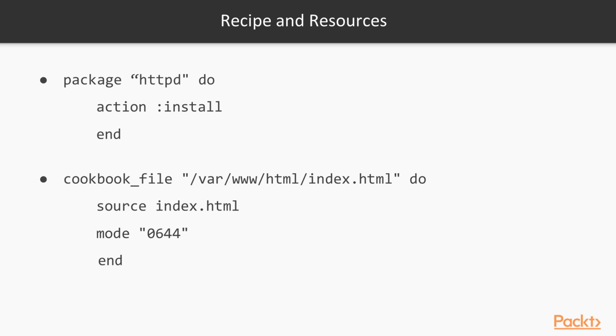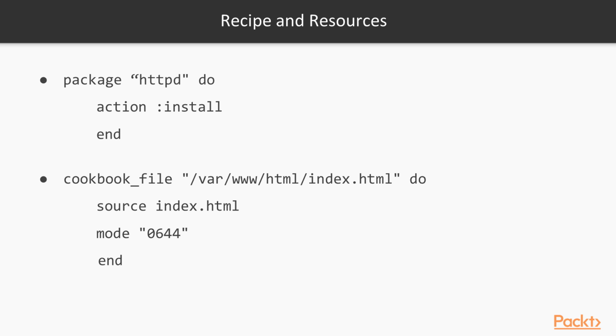Two of them are source and mode. Source defines where the source file is located and what the name of the source file is, and that content will be copied onto the destination as specified in this resource. Mode, as you can understand, defines the mode of the file when it is created on the nodes, what kind of permissions it will contain. And once again, we close our do end block with the help of the end keyword.